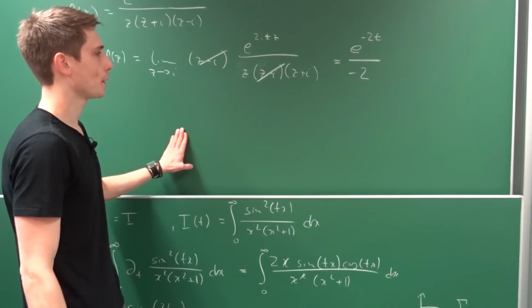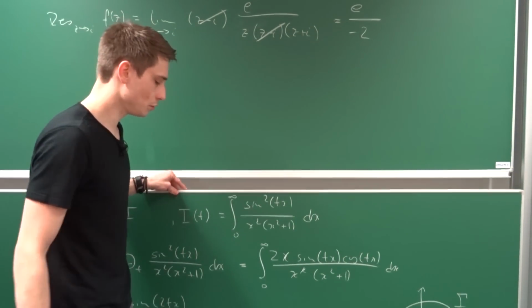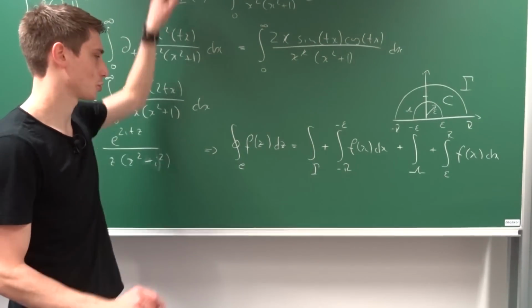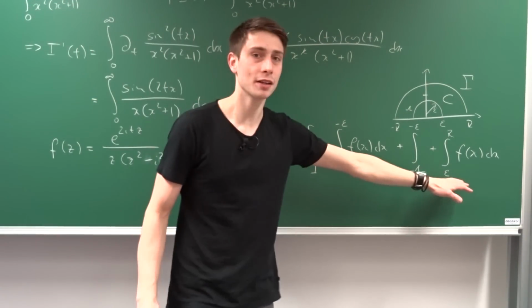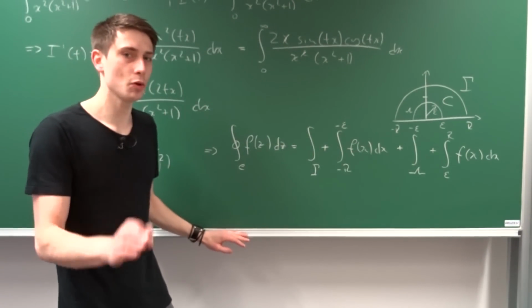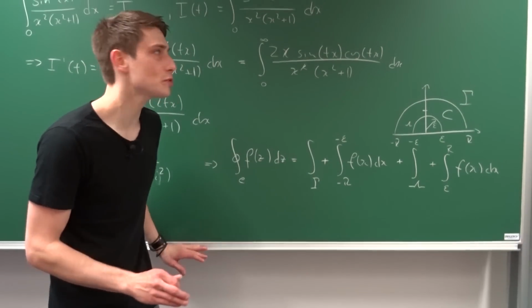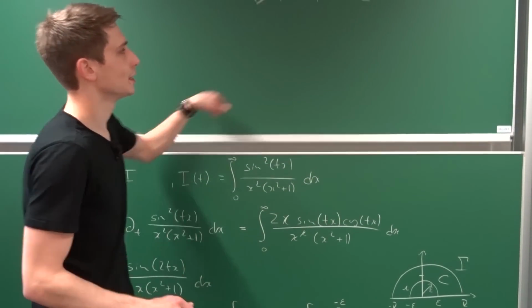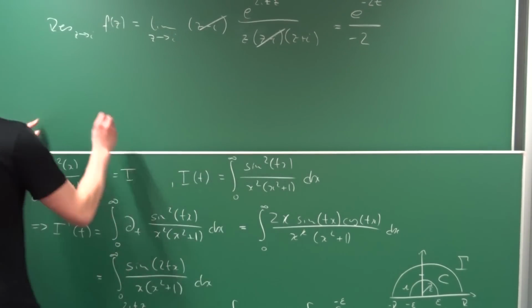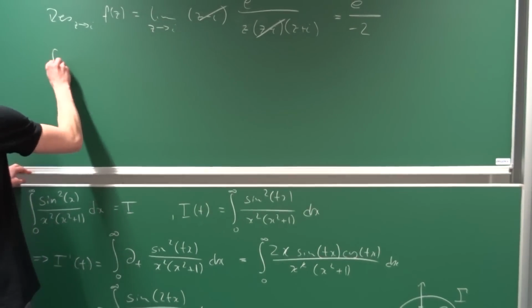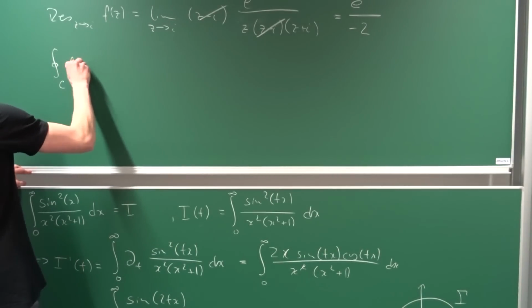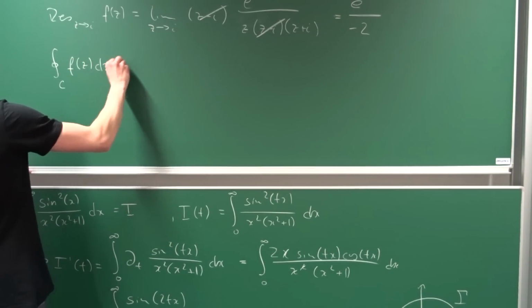Nice. So we now know that our contour integral is equal to this chunk, and it is also equal to 2 times pi times i times the sum of all residues, but our only residue is this right here. So let's conclude everything. We have a contour of f in terms of z dz. What is that?